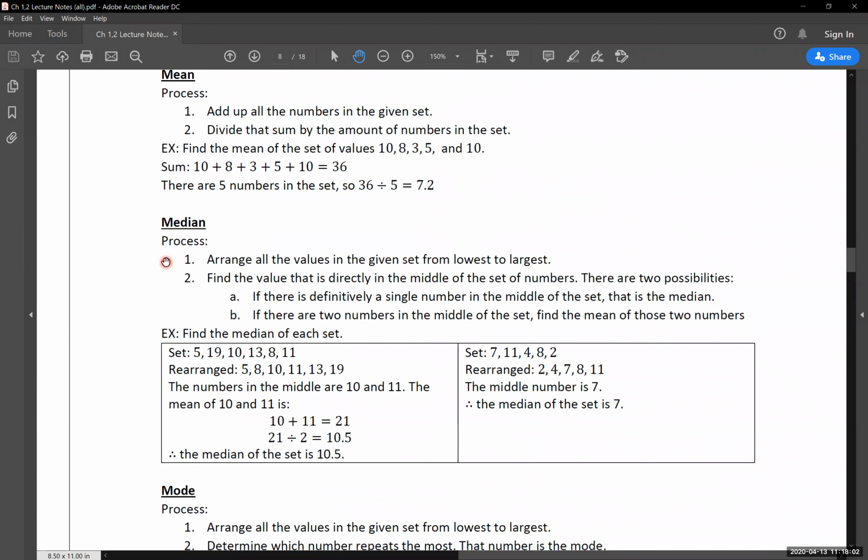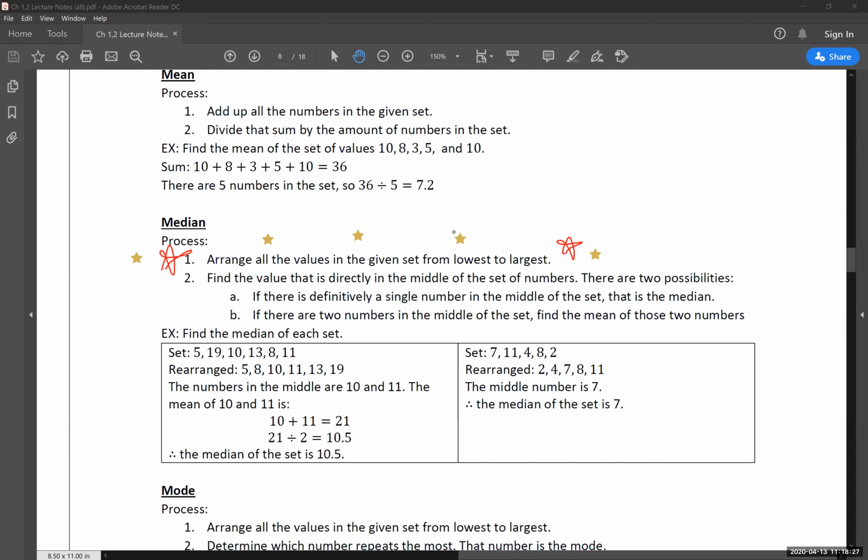I could sit here and put a bunch of stars next to it. You absolutely have to arrange all of the values in the given set from largest to smallest, or lowest to largest, I should say, when you're going through this.